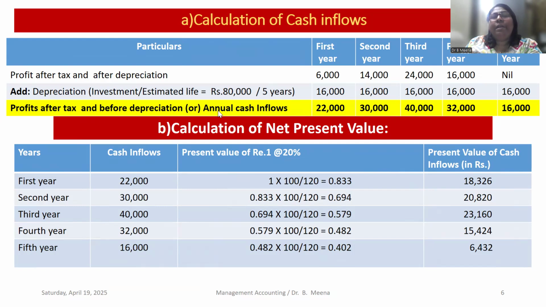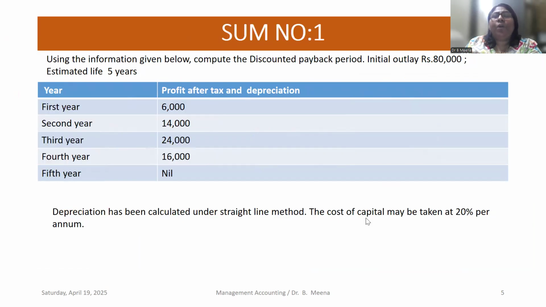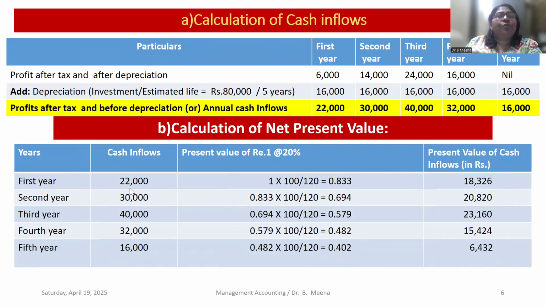Then we need to work out all the cash inflows multiplied by the 20%, because the cost of capital is given as 20%. That is the discounting rupee value. Already I discussed in the net present value video how to calculate these values.